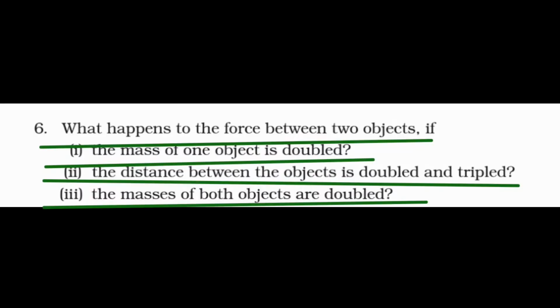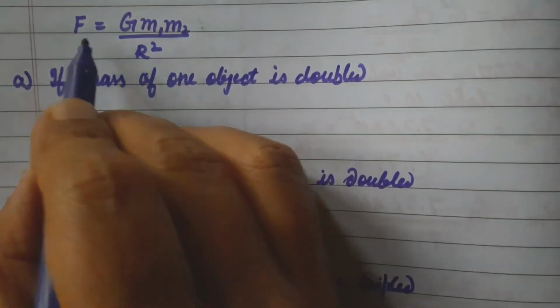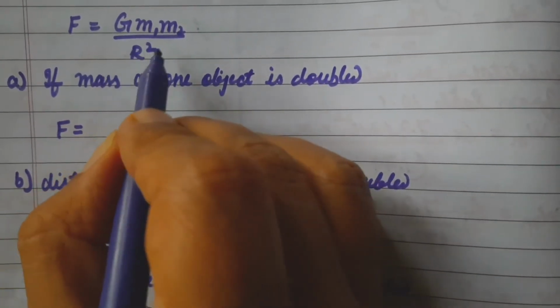Question 6. What happens to the force between two objects if the mass of one object is doubled, the distance between the objects is doubled and tripled, and the masses of both objects are doubled? Let us understand this one by one. We know that F equals G m1 m2 upon r square.